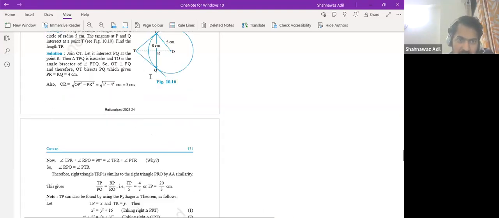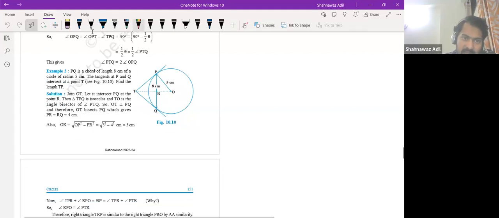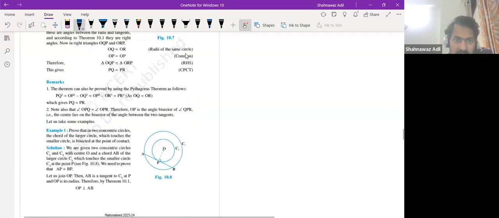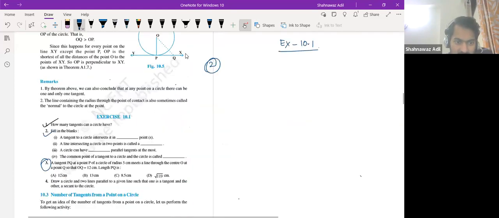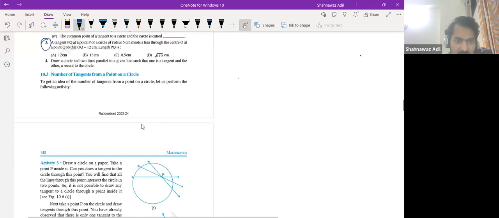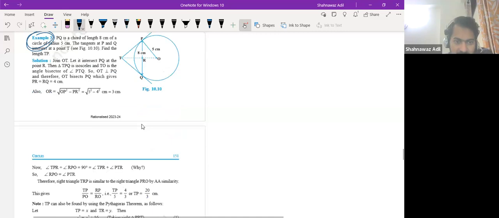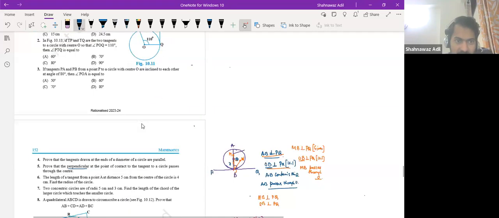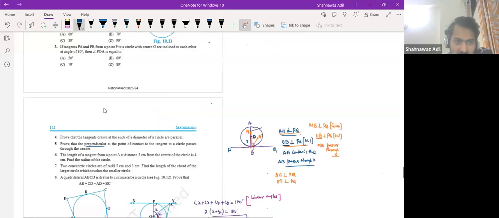Yeah, so from my point of view, this one is very important. This one, example 3. And then this part is not that important. It's example 3, and then you have this. These are short ones, so you can go through them.